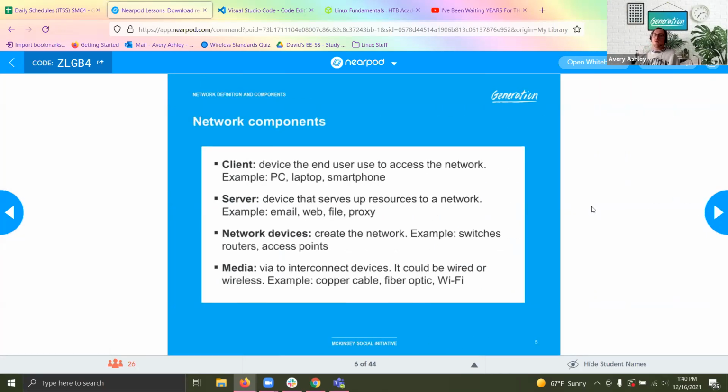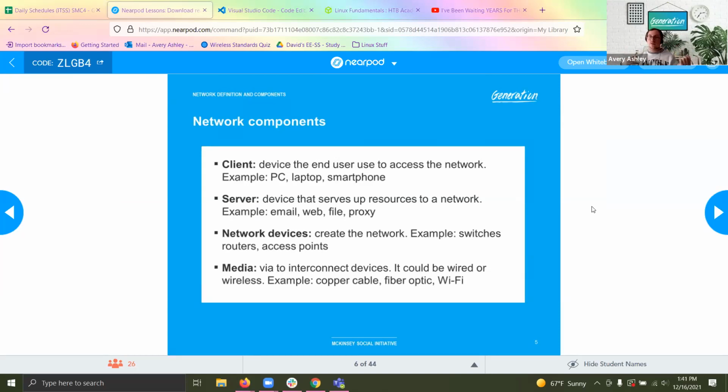So different network components. So we have our client, which is all of us right now. This is the device that the end user uses in order to access the network. So this is going to be your PCs, your laptops, your smartphones, smart TVs, whatever you're using to access the network.